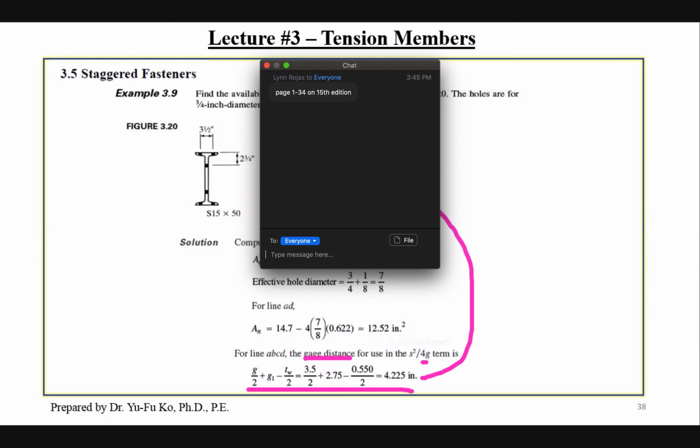The same thing applies between C and D. These are the same because they are symmetric. Any questions?